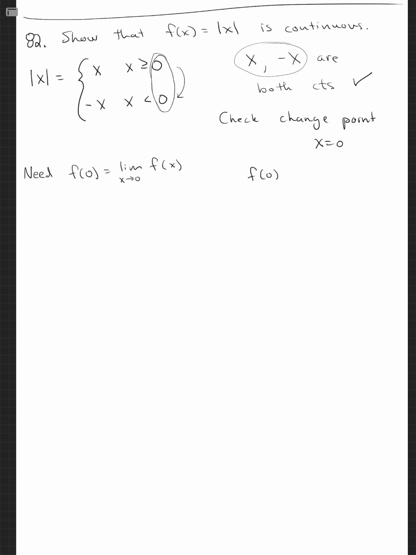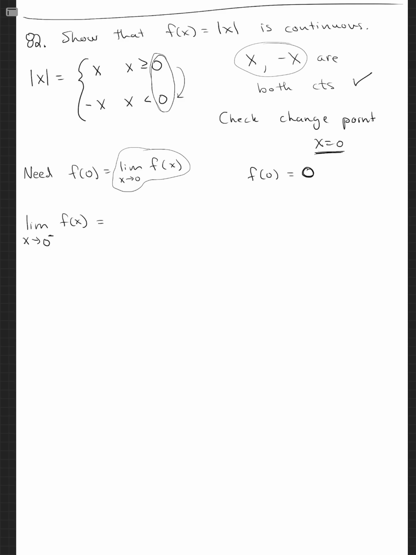Now, f of 0 is clearly 0, right? The absolute value is 0. So that just means we need to figure out what this limit is. In a piecewise function, we can't really do it from both sides at the same time. For change points, we have to look at one side or the other. So let's look at the limit as x approaches 0 from the left.